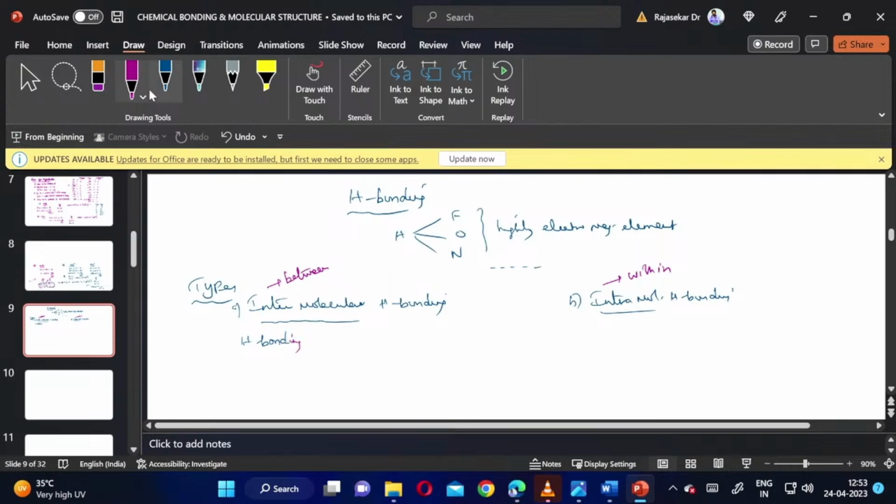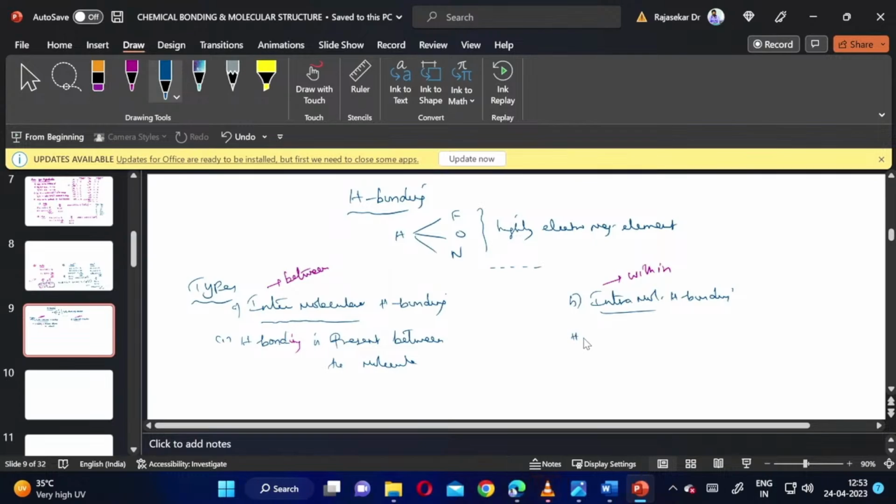Hydrogen bonding is present between the molecules. Understood? Just write the definition.